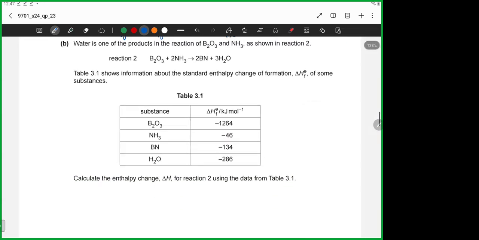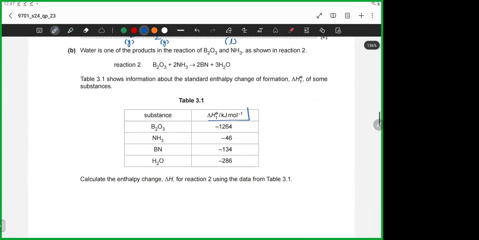You got an equation and they've given you the enthalpies of formation, right? What's the formula, how do you calculate the enthalpy of a reaction using enthalpies of formation? The formation of products minus formation of reactants. So calculate this quickly.